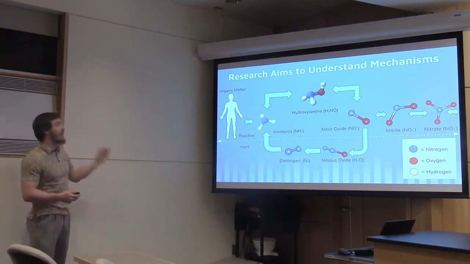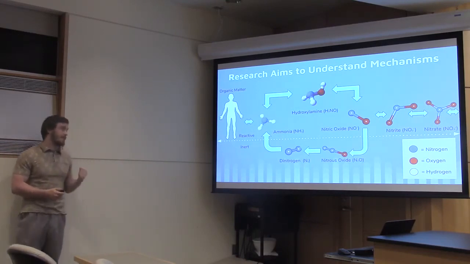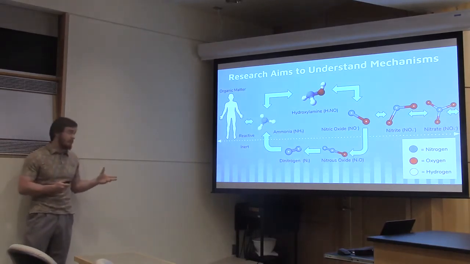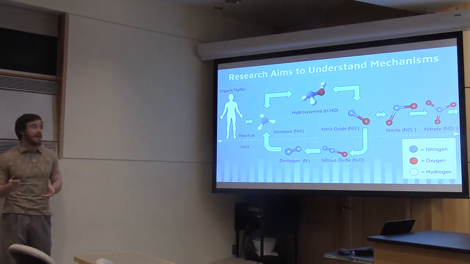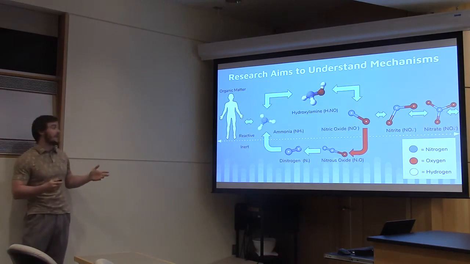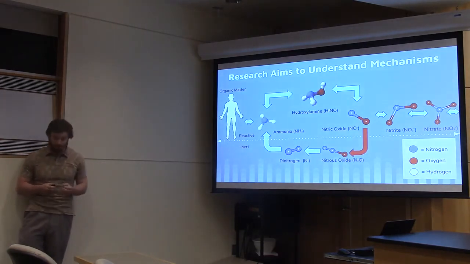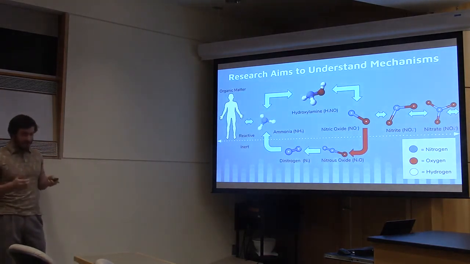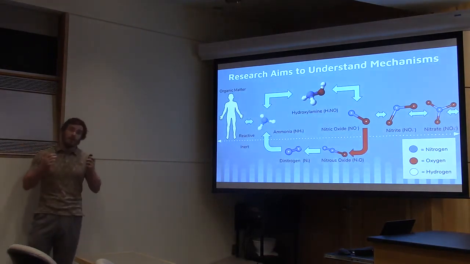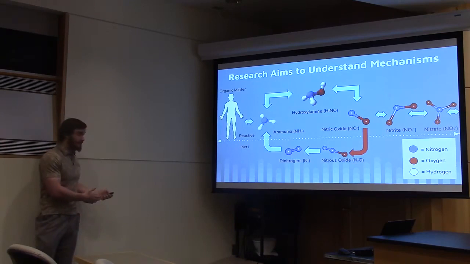So the work I helped with last summer looked into the claim made by another paper that a bacteria had a capability of reducing nitric oxide to nitrous oxide. The aims of the research I helped participate in were: was this claim valid?